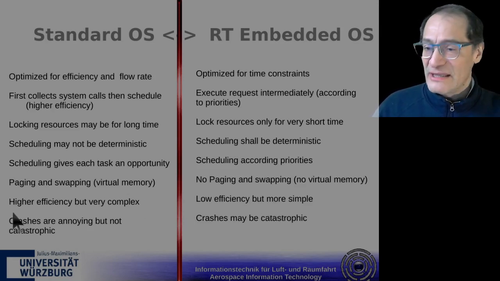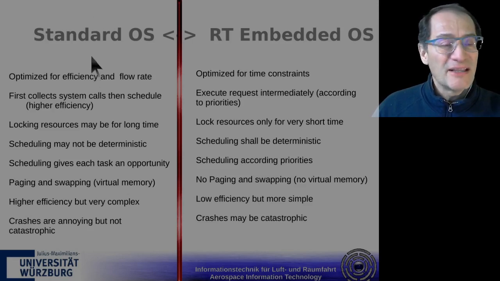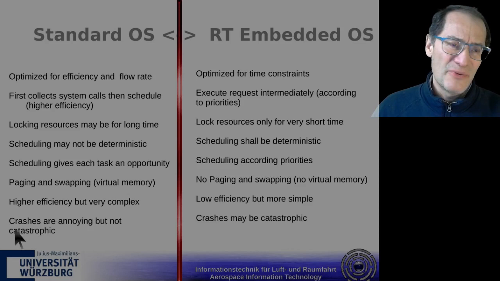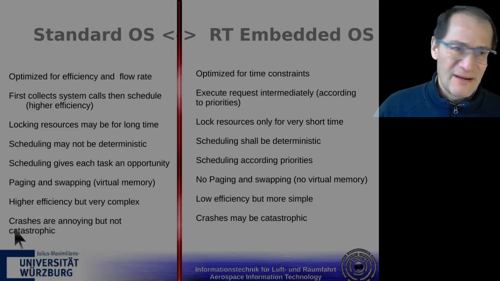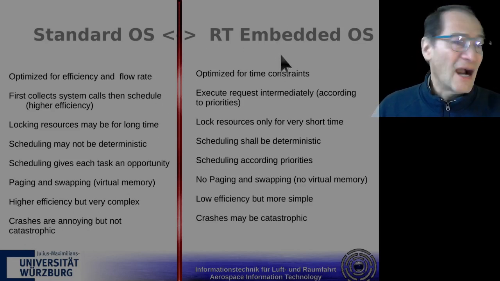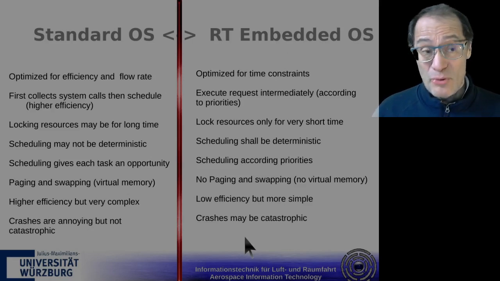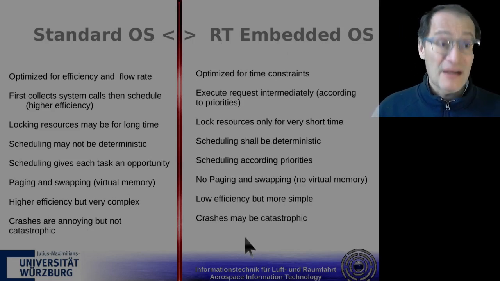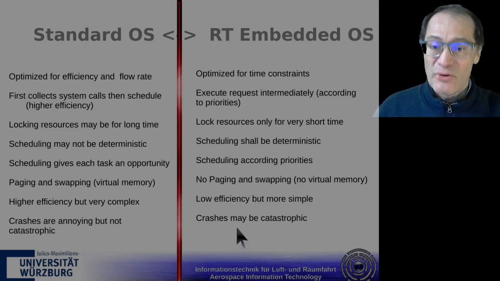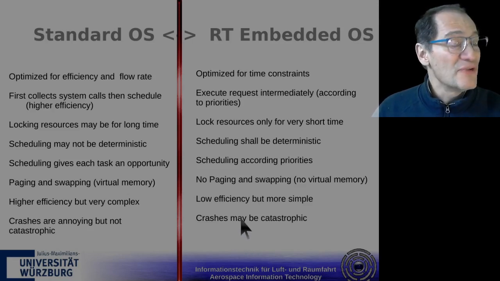And another important thing is a crash in a normal operating system, it's annoying, but it's not catastrophic. So maybe you lose some data, you lose the work of maybe 2 hours, but it is not catastrophic. Here, a crash in an operating system controlling an aeroplane or an atomic plant can be really, really catastrophic. So here we have to invest a lot to be sure crashes will not occur.